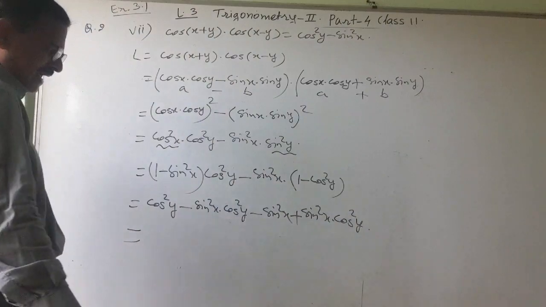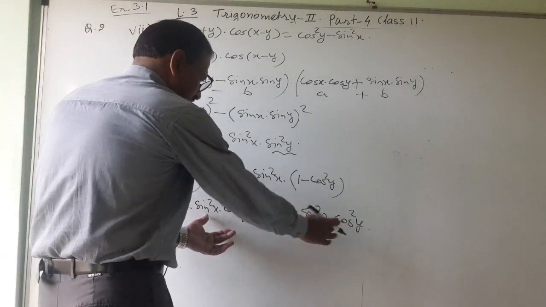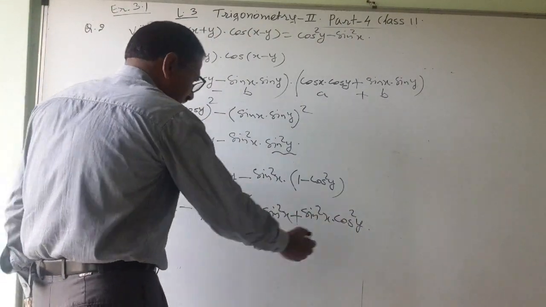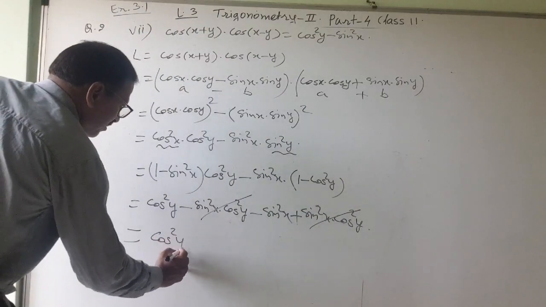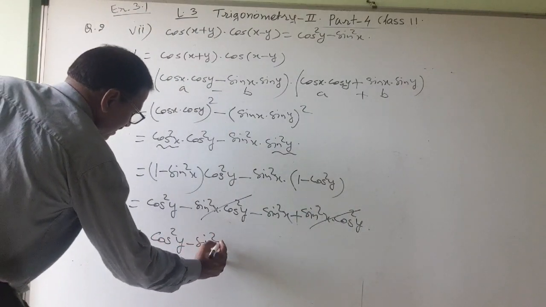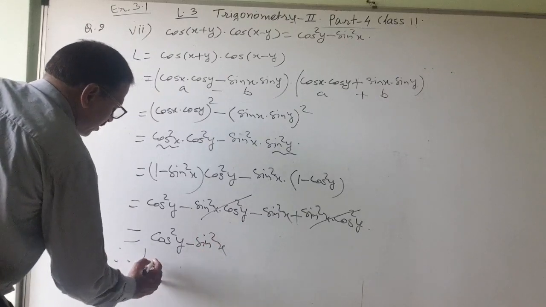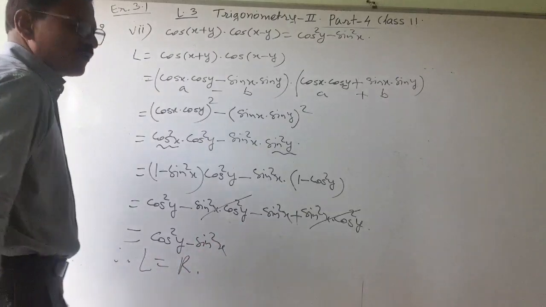Check what I can cancel. This term and this term are the same with opposite sign, so cancel them. So what remains? Cos square y minus sin square x. Therefore LHS equals RHS, and hence the proof.